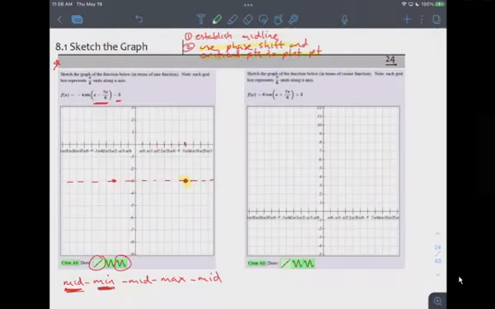And then the next thing I need to do is establish my critical points. My critical points are going to be based on the period. So if I look at the period, it is 2 pi divided by what's my b value? In this, my b value is 1, right? The coefficient of x. So my period is just 2 pi. Well, 2 pi is how many pi over 6? It's 12 pi over 6.